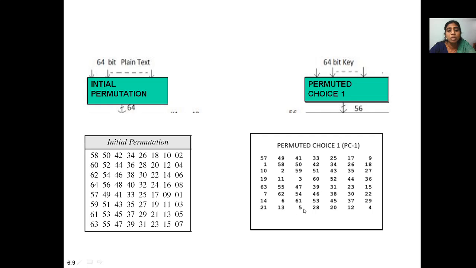Like that we need to transpose the values in the required manner.